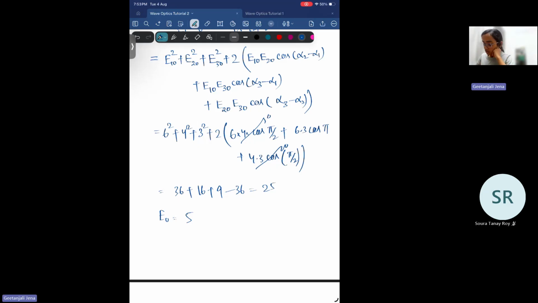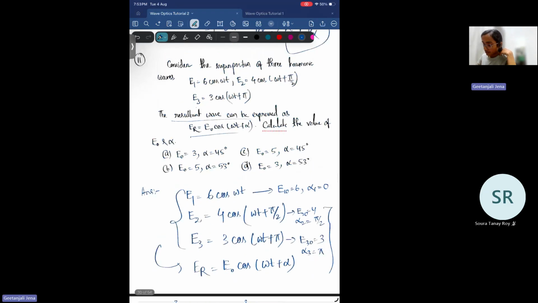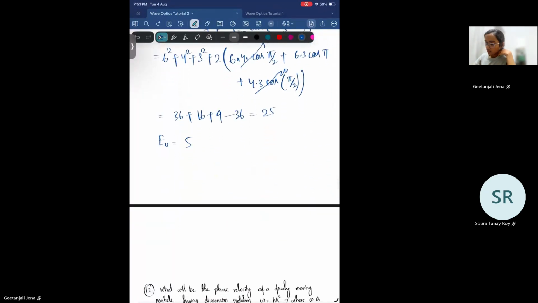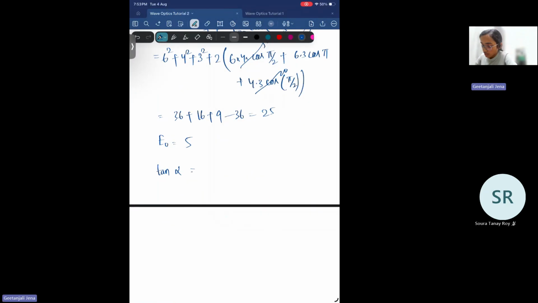Okay. So we got 5, but there are two options for 5. So we need to check alpha also. So then alpha is summation over j is 0 sine alpha j over summation over j is 0 cos alpha j.